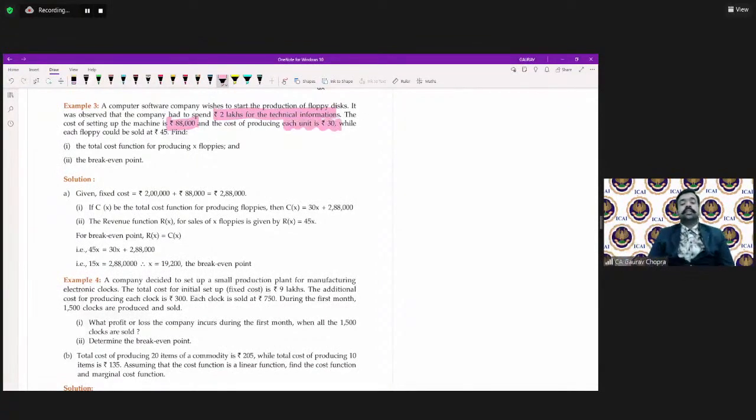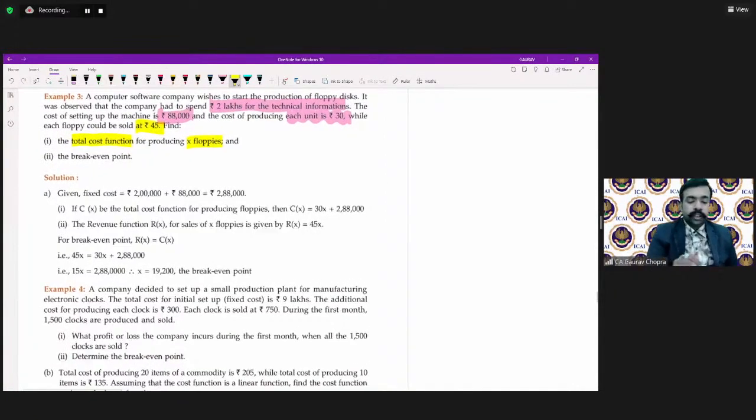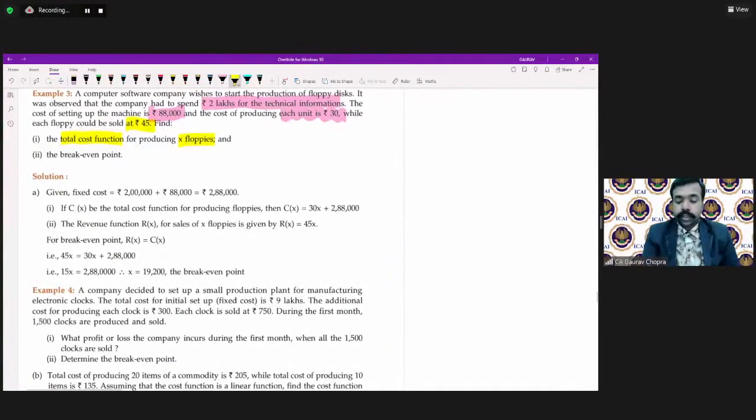The cost of producing each unit is rupees 30. Per unit we are getting charged 30 rupees, so this 30 is the variable cost. Each floppy could be sold at 45. This is the selling price. Find the cost function for producing x floppies and also the break-even point. For the cost function, we have to add two things: variable cost and fixed cost.